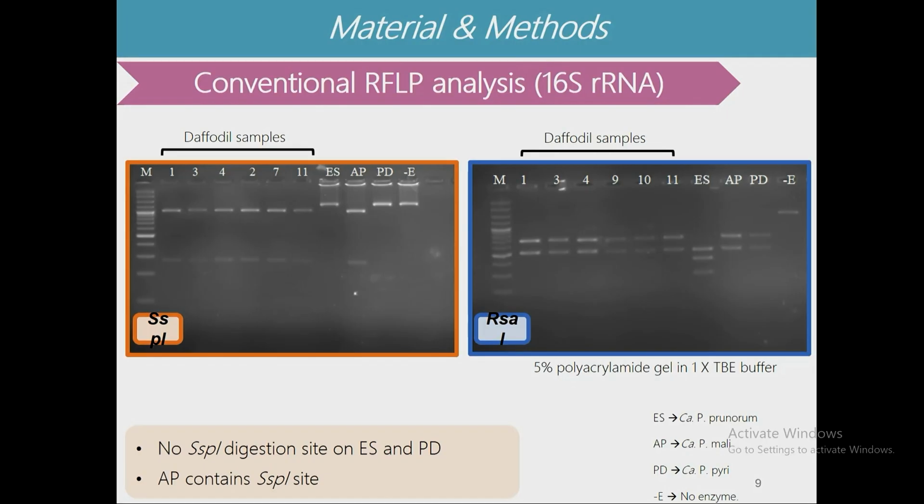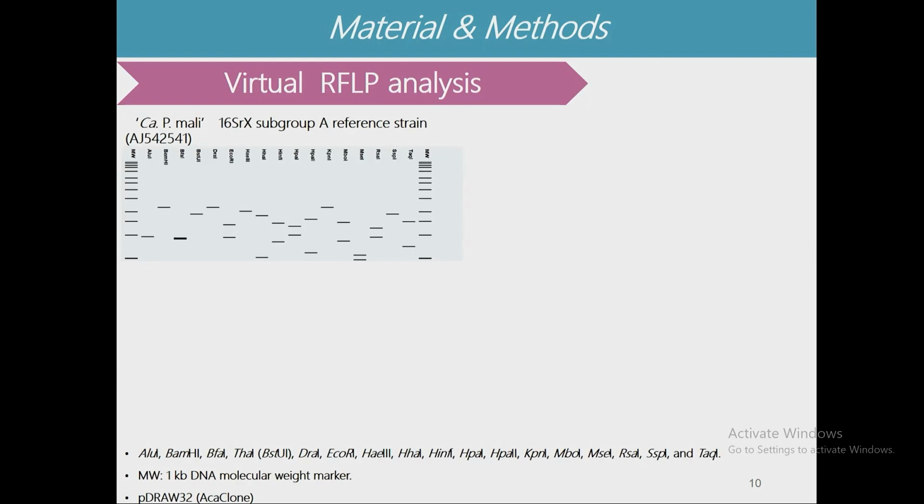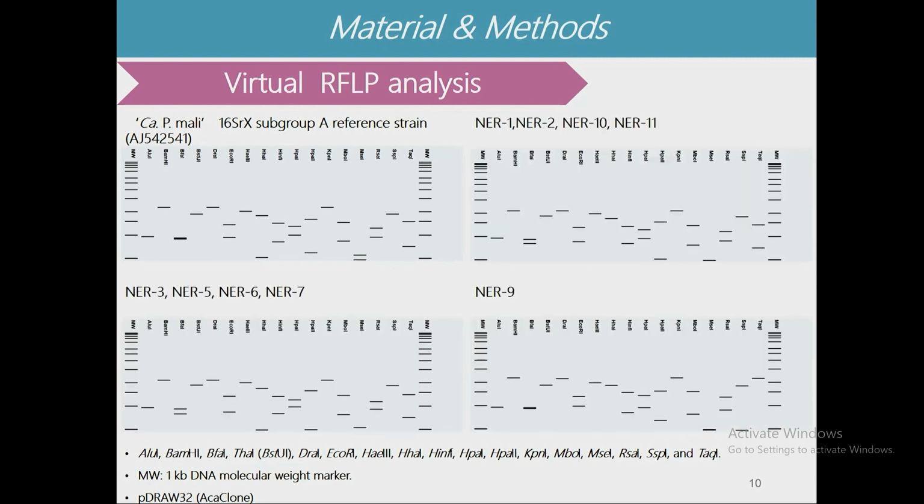Our results show the digestion patterns resemble phytoplasma mali, or apple proliferation. So we moved to the virtual RFLP analysis, and for reference we used group 10, Candidatus Phytoplasma mali, and we got 3 different digestion patterns.